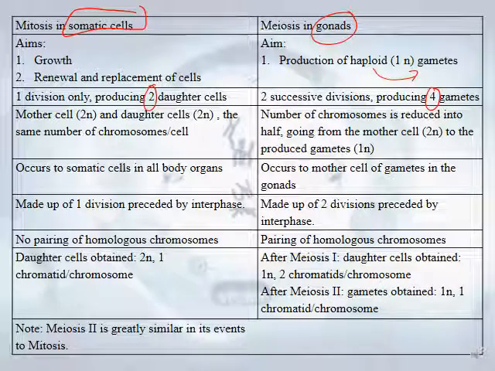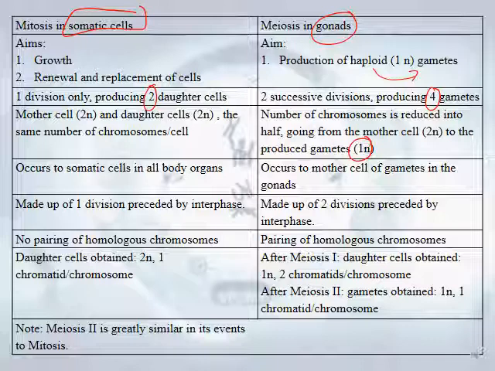In mitosis, the mother cell is 2n and the daughter cells are 2n, the same number of chromosomes per cell, while in meiosis the number of chromosomes is reduced by half, going from the mother cell, which is 2n, to the produced gametes, which are haploid 1n. Mitosis occurs in somatic cells in all body organs, while meiosis only occurs in the mother cells of gametes in the gonads.